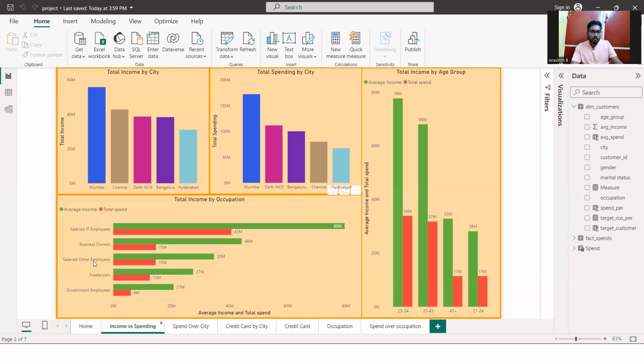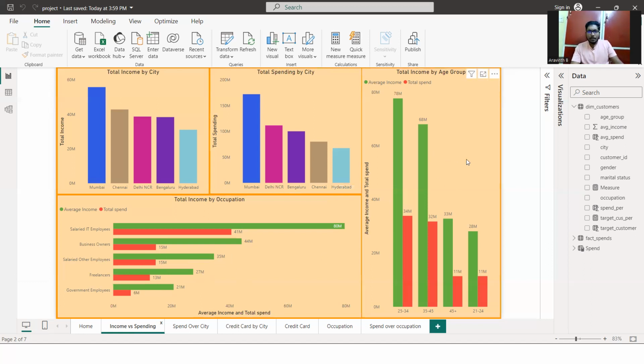Freelancers, salaried other employees, and business owners all have the same range of spending. But if you notice clearly, the earning of business owners is high compared with salaried other employees and freelancers. Freelancers earned 27 million but spent 13 million, so their income utilization was a little bit high.